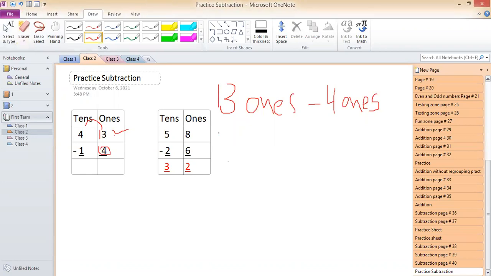Draw 13 lines. 1, 2, 3, 4, 5, 6, 7, 8, 9, 10, 11, 12, 13. Cut 4 lines. 1, 2, 3, 4. Now check how many lines are left.